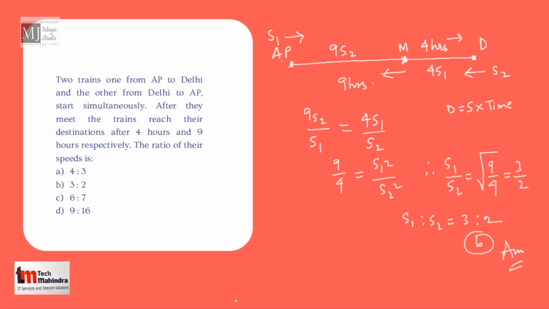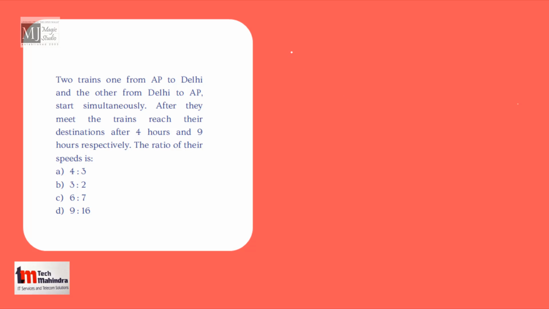Option B fits in. Now, can we have a direct formula for this? Yes, let's see. Suppose two moving bodies are approaching each other and they started at the same time. One is moving from A to B, another is moving from B to A, and they meet at some point M. After meeting, the time taken by the first one is T1 and the time taken by the second one is T2 to reach their final destination, and let the speeds be S1 and S2.